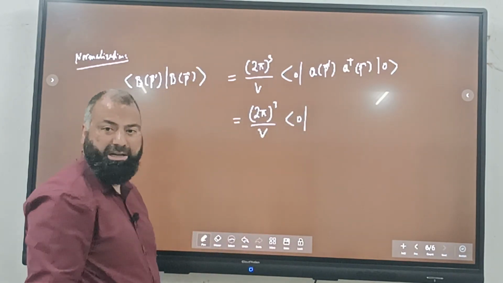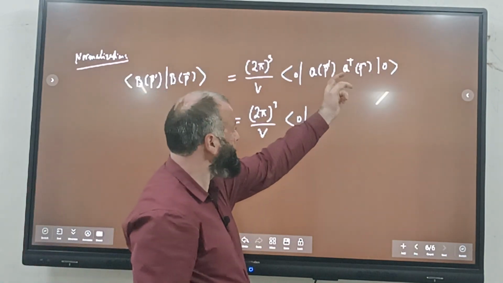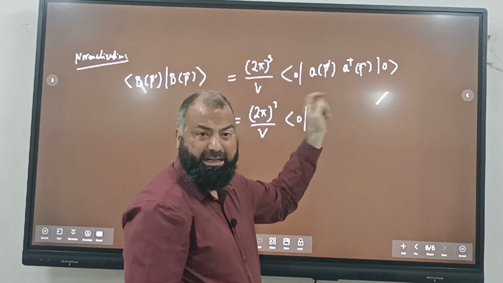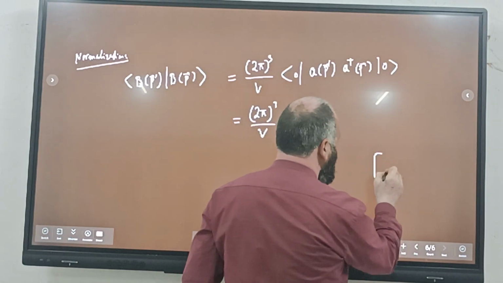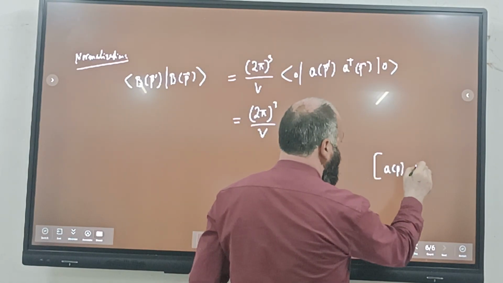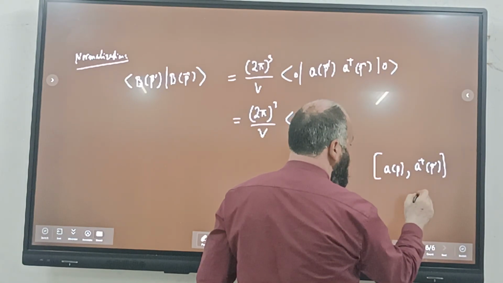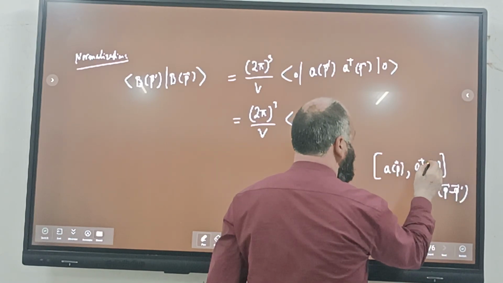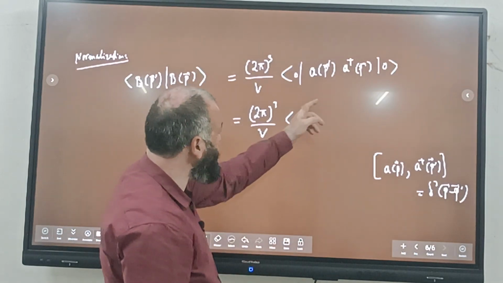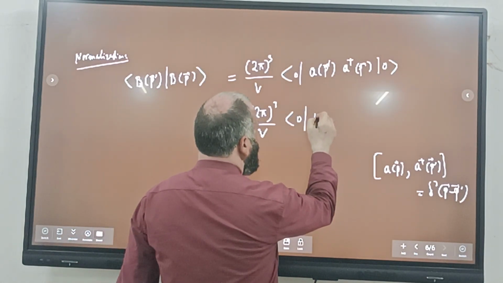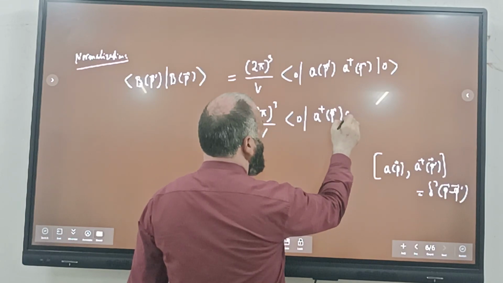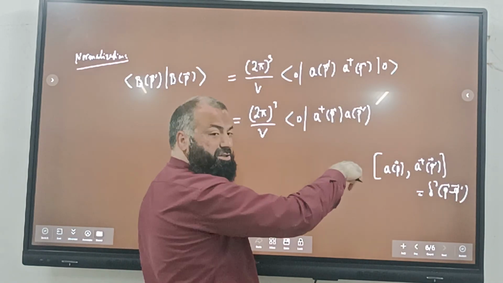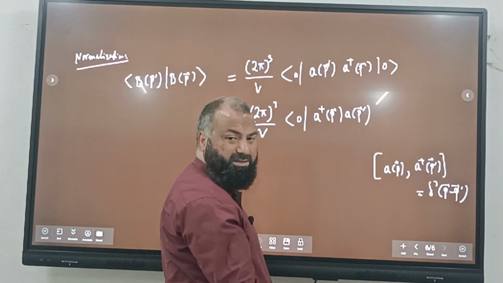Now let's use the commutation here. I want to put it in the form of A dagger first and then A. So I have to use the commutation between A and A dagger. What is the commutation relation? You know A of P and A dagger of P prime, the commutator is equal to delta 3 of P minus P prime. So now let's write this. It will be A dagger of P, then A of P prime. The reason we need to put it in this form is that the annihilation operator annihilates the vacuum, so this term will give you 0.